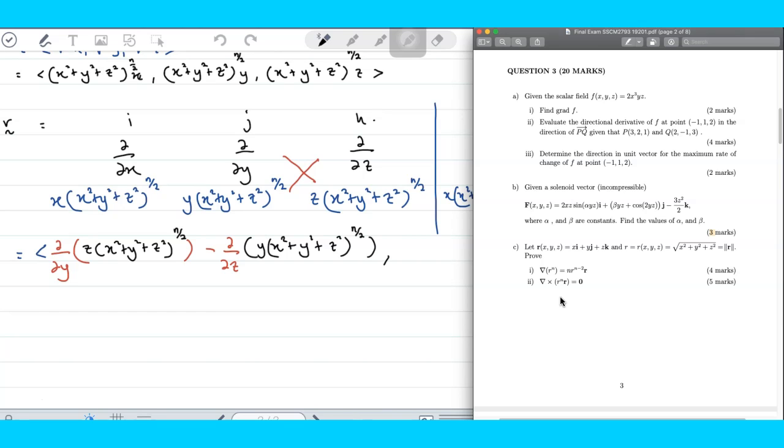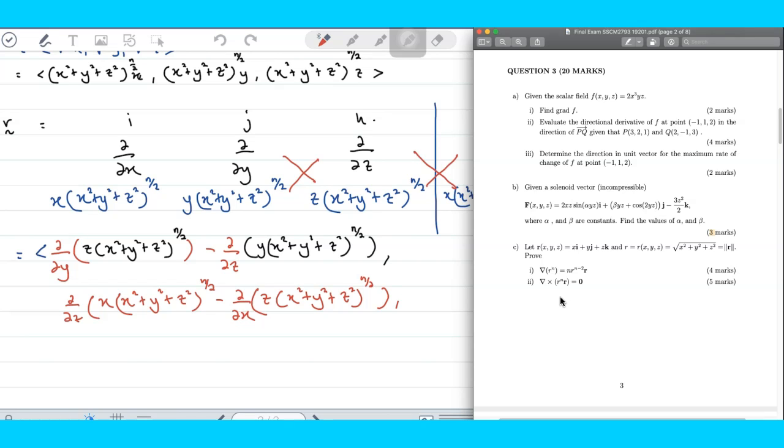And then for the y component, you need to cross this and this. So del z of x times (x squared plus y squared plus z squared) to the power of n over 2, minus del x of z times (x squared plus y squared plus z squared) to the power of n over 2.